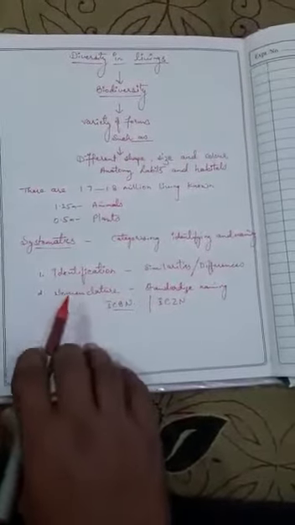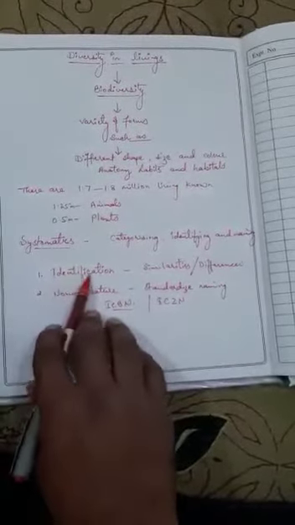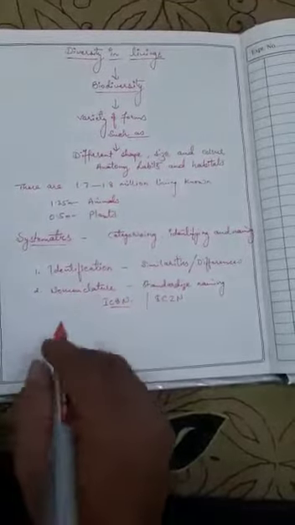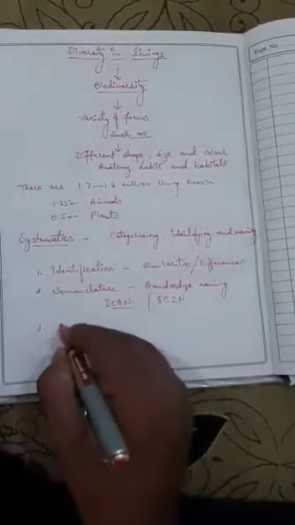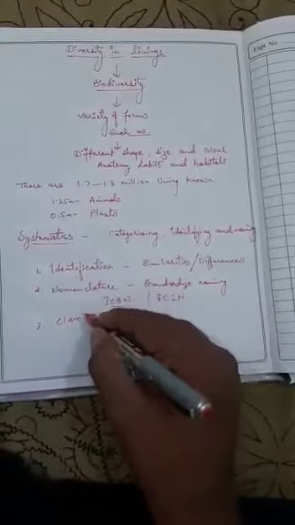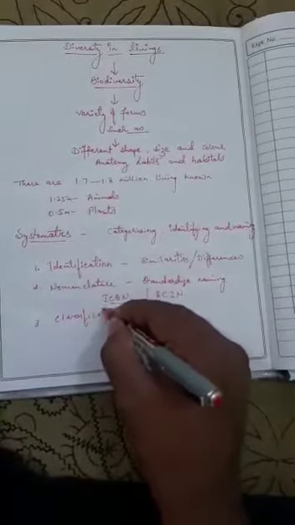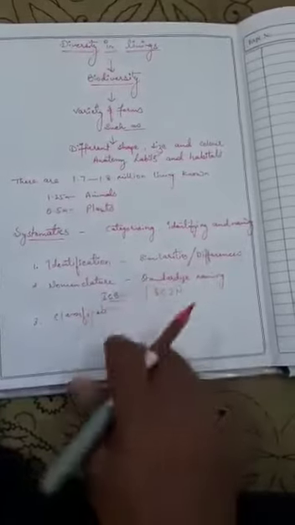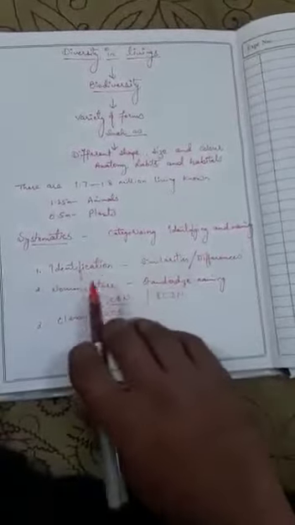In this systematics, three things come. Number one, identification. Number two, nomenclature. And number three, classification. Now, what happens in identification?